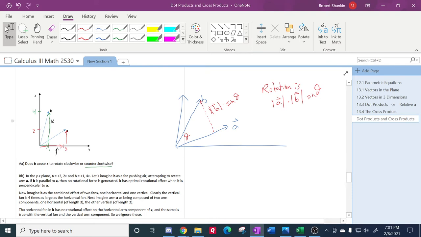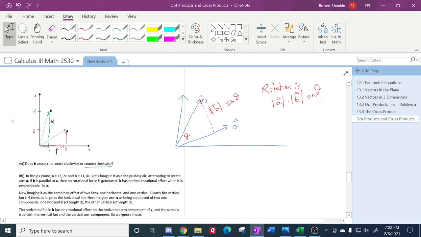not by one fan, but by two fans. And the vertical component of this has no effect on the vertical component of this, so it's only going to take the vertical component of this fan on the horizontal component of the plank. And then the horizontal fan over here has no effect on this plank, but it has all its effect on this plank.